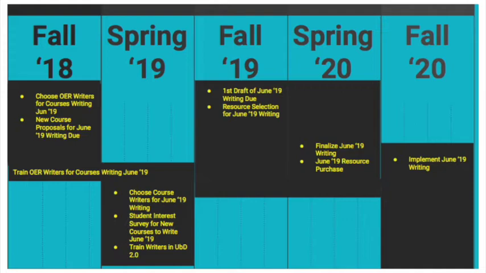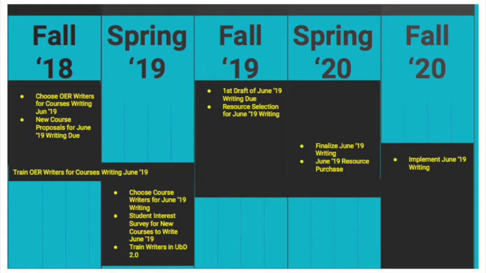In the spring of this year, choosing those writers for the June 2019 writing, for the courses that we would like to add to the course catalog in the Downingtown Area School District, having a student interest survey so that we have data to justify it, and then training our writers in Understanding by Design 2.0.